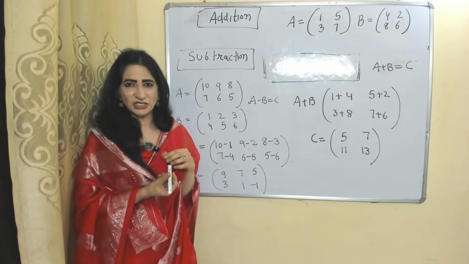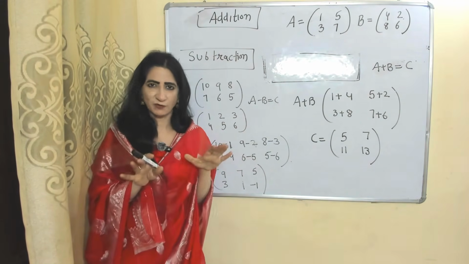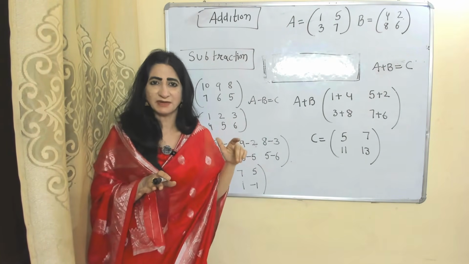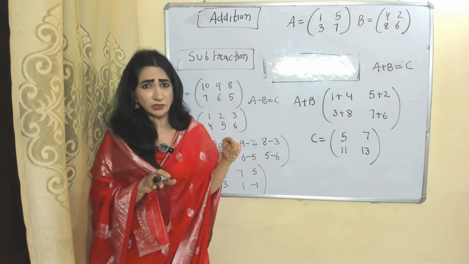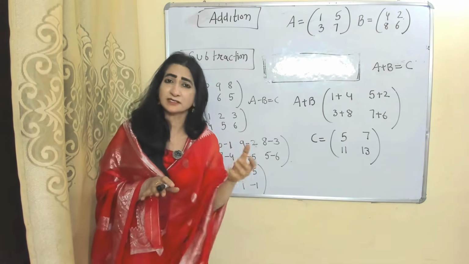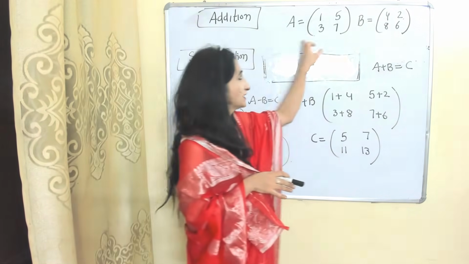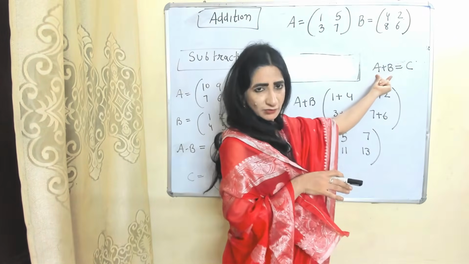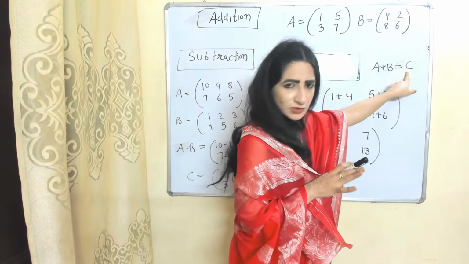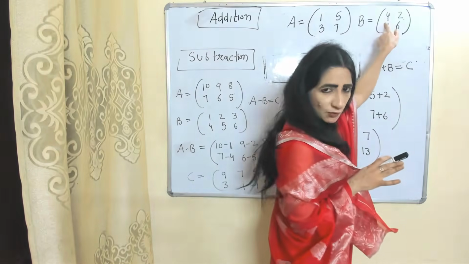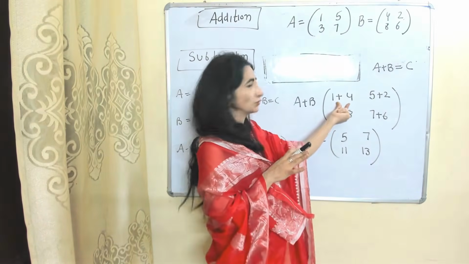Now we will see addition and subtraction in case of matrices. Whenever you are going to subtract or add matrices, first of all you need to see that they must have the exact same number of rows and columns, otherwise you can't. Given A matrix and B matrix, we have to add these two and find a new matrix, which is called C. First row, first column with first row, first column, we will add these two.